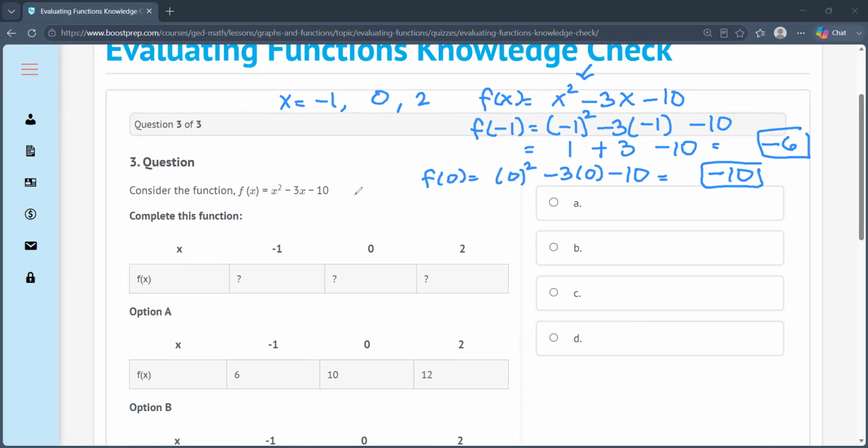And then lastly, let's plug in 2. So it's parentheses 2 squared minus 3 times 2 minus 10. 2 squared is 4. -3 times 2 is -6, minus 10. If you put that in the calculator, -6 minus 10 is -12.